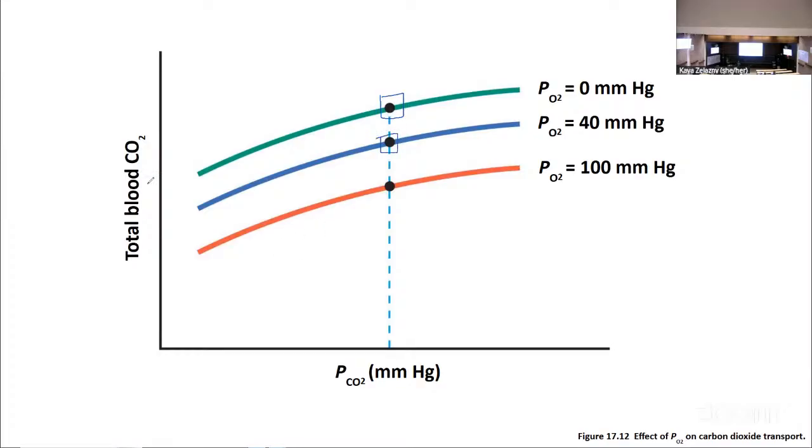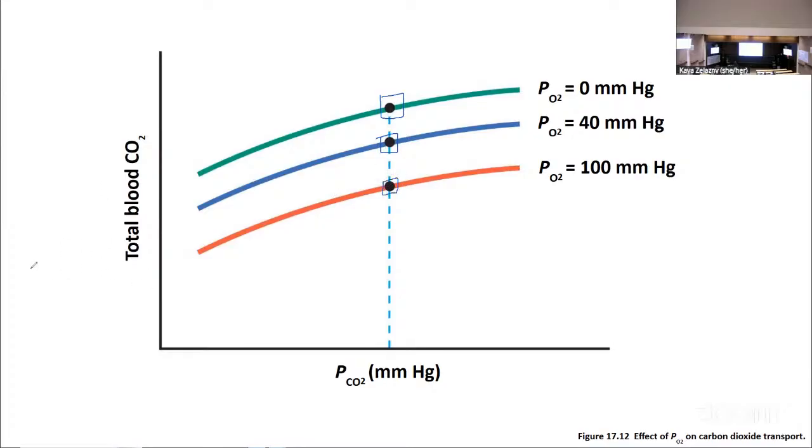And this is because of kind of the reverse of that effect, the carbamino effect, right? So where we have interactions between oxygen and hemoglobin, we also have interactions between carbon dioxide and hemoglobin. So they kind of reversibly affect each other, right? So the greater amount of oxygen you see in the blood, the more it suppresses this sort of carrying capacity of your blood for carbon dioxide.